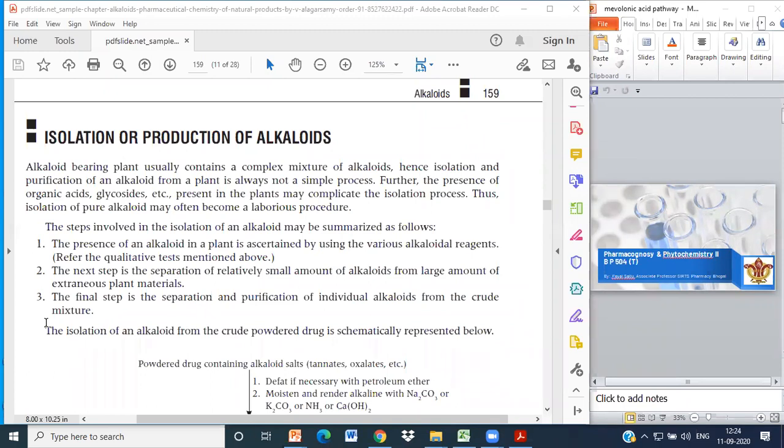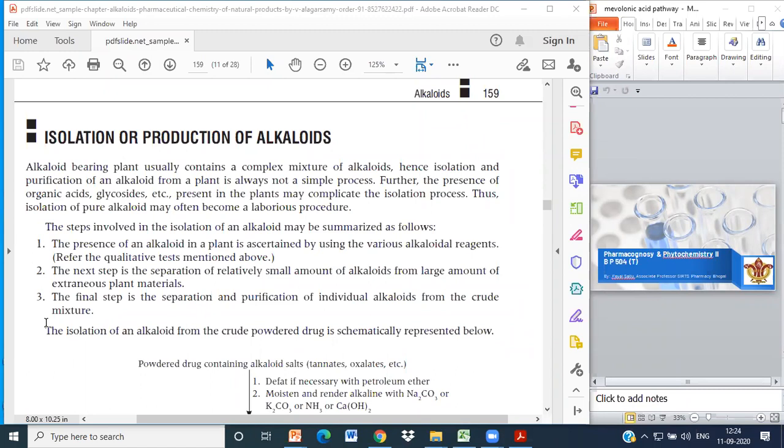But when the drug is positive for the alkaloid tests, then what remains is to isolate the product. Isolation and extraction are two different phenomena, I must say. In extraction, you are boiling the drug, say for caffeine, so it is extraction.